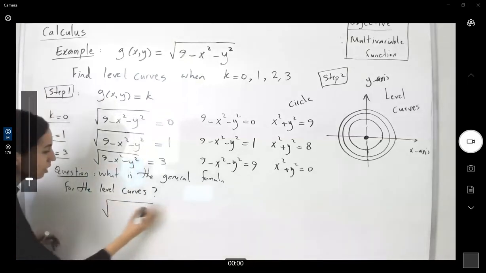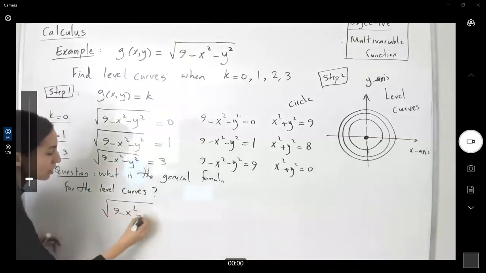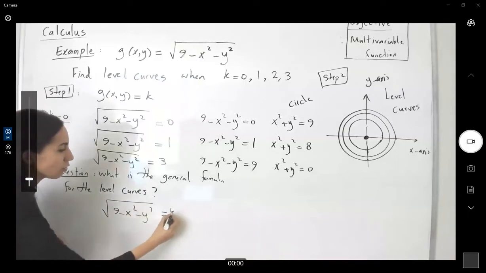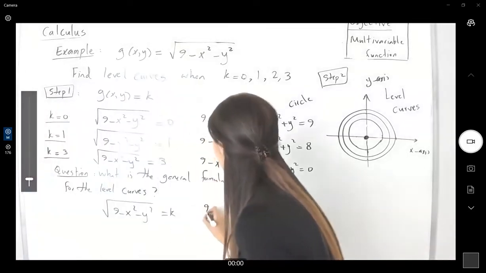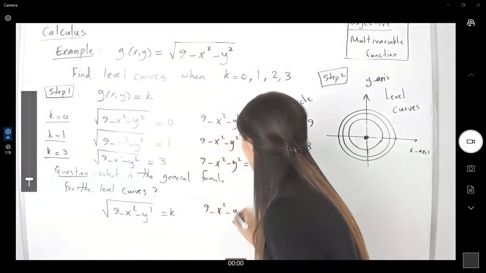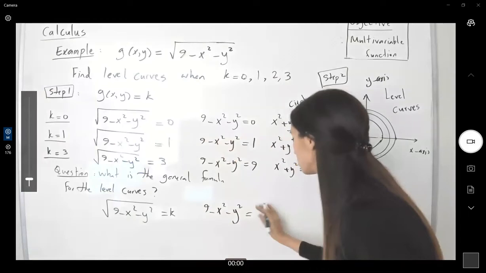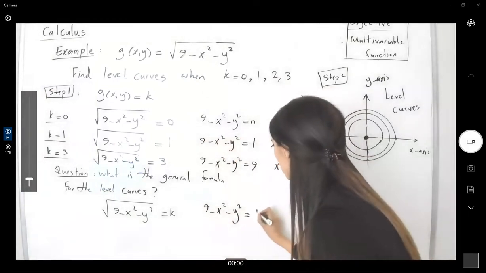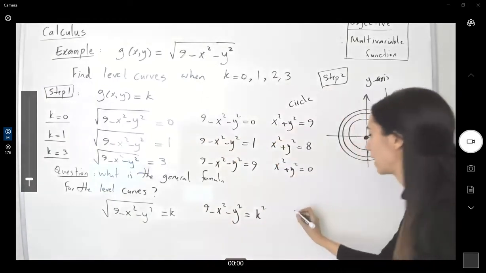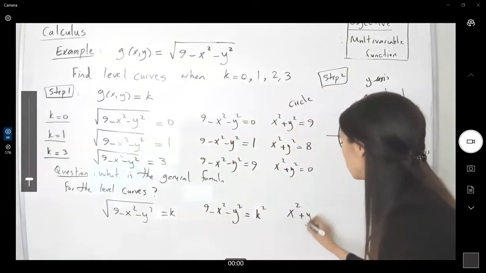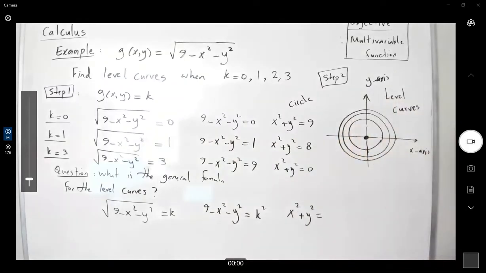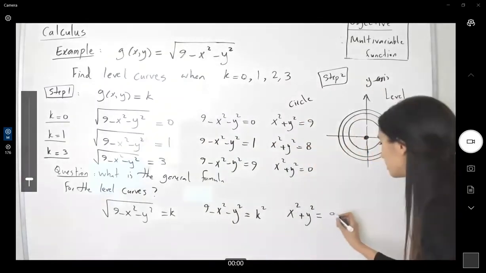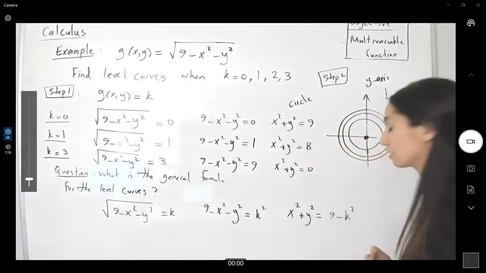So the square root of 9 minus x squared minus y squared is equal to k, or 9 minus x squared minus y squared equals k squared, or x squared plus y squared must be equal to 9 minus k squared.